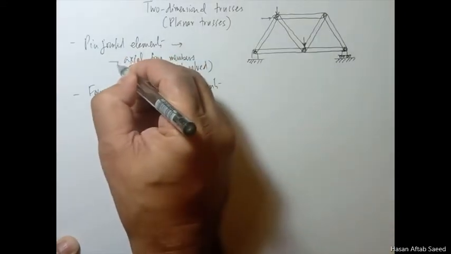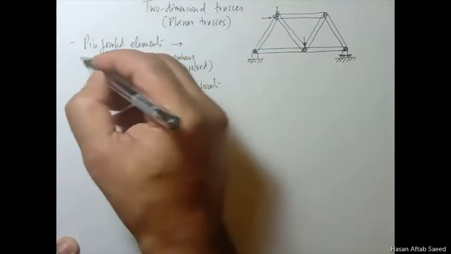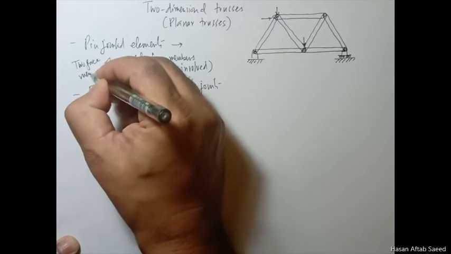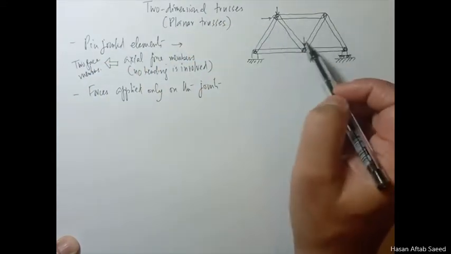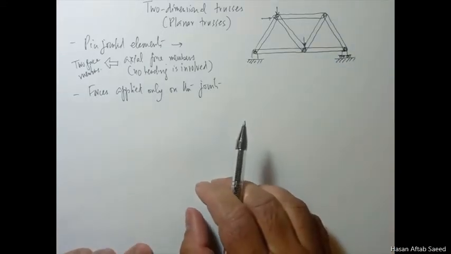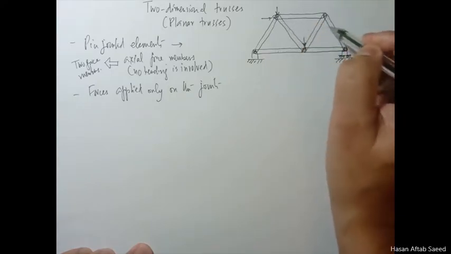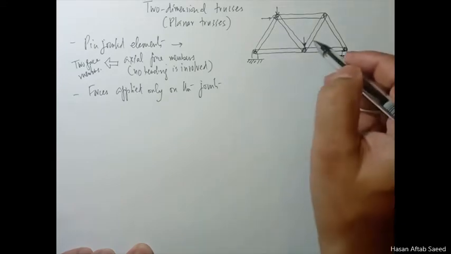If I borrow a term from mechanics of materials, these are two force members. So each member of this truss is a two force member, and therefore there is no bending involved. The forces have to pass through the axis of each member, and the forces are applied only on the joints.